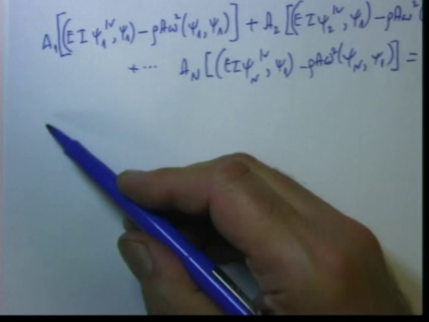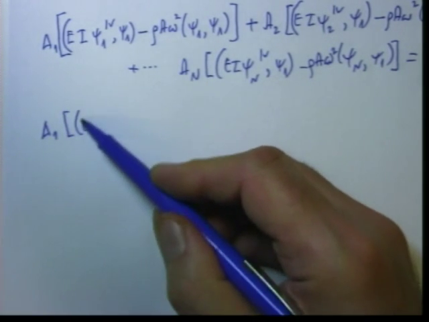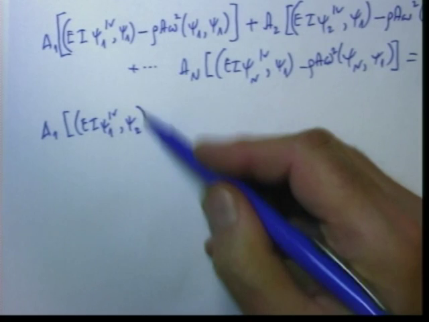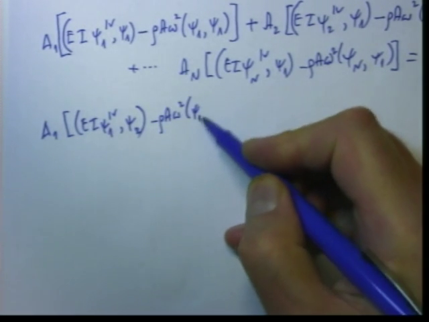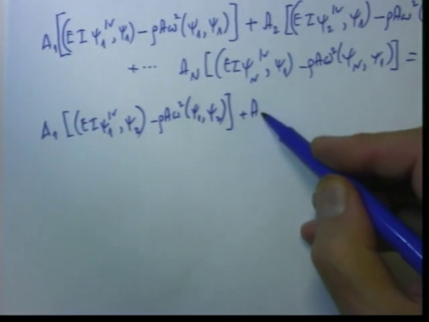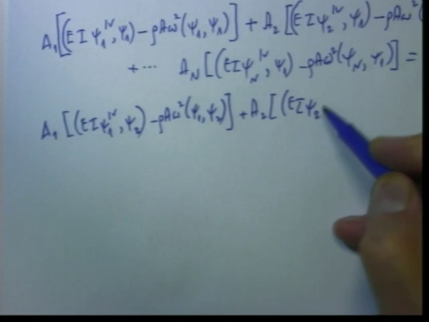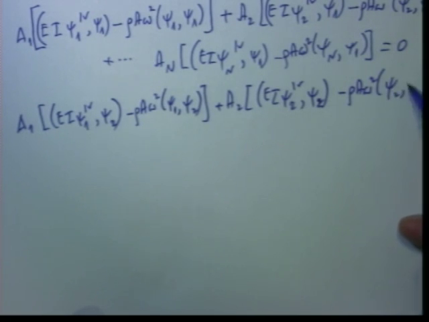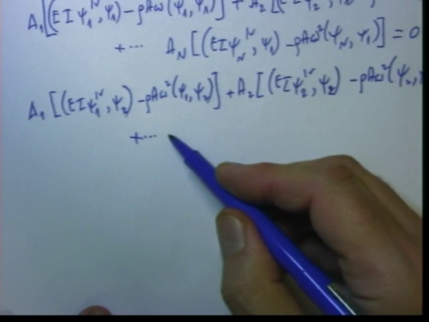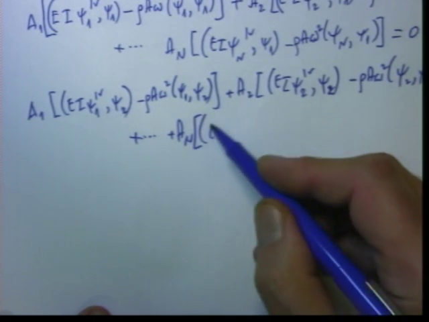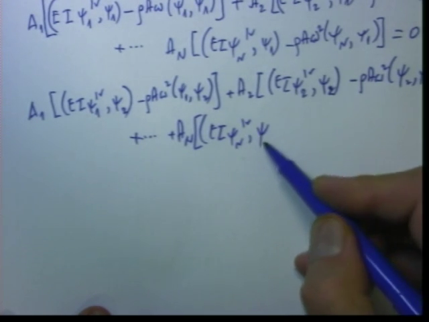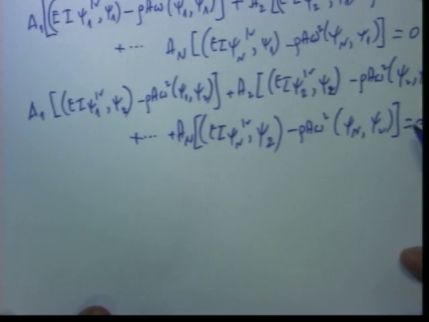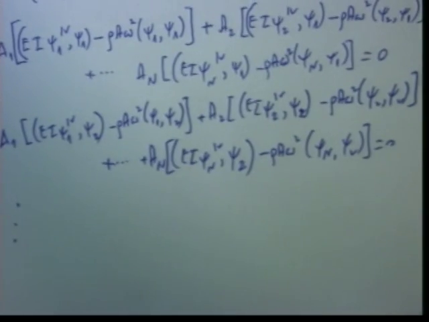I will write the second equation. A1 EI psi 1 fourth derivative. The second equation, I just multiply by psi 2, minus rho A omega square psi 1 psi 2, plus A2 EI psi 2 fourth derivative psi 2 minus rho A omega square psi 2 psi 2, plus etc. A sub n EI psi n fourth derivative psi 2 minus rho A omega square psi n psi 2 equals 0, etc. These are the equations.